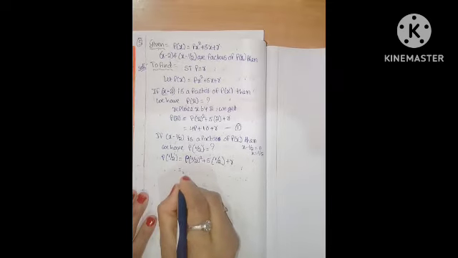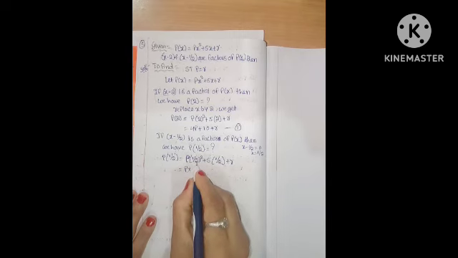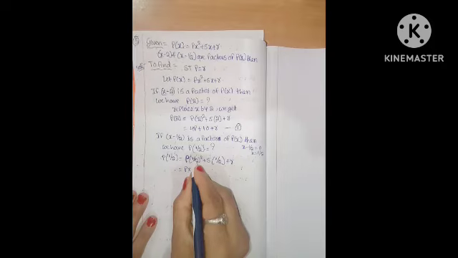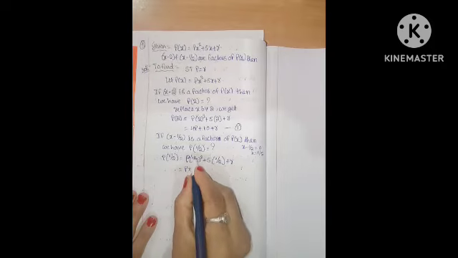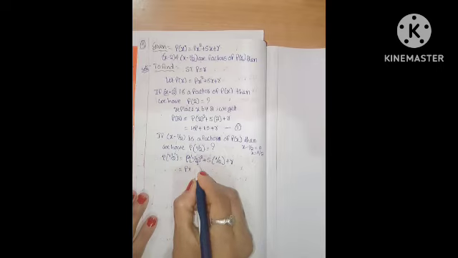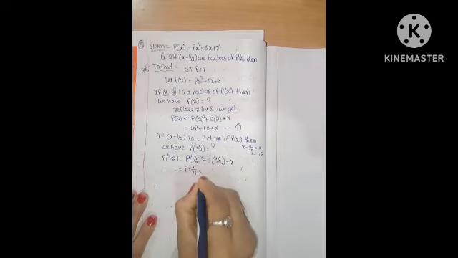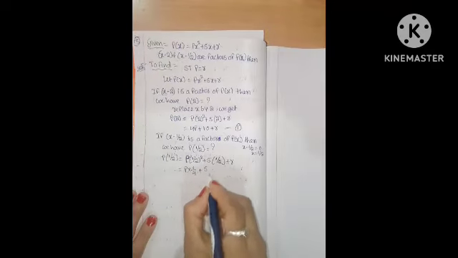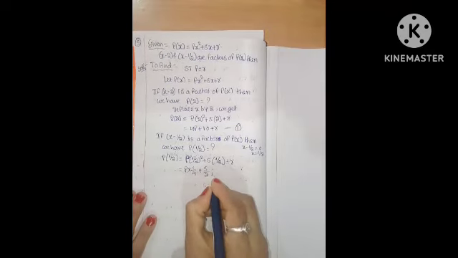Removing the brackets, P into 1 by 2 whole square. It is a by b whole square, a to the power of m by b to the power of m. So here it is 1 square by 2 square, so 1 by 4. Are you clear? Next, 5 into 1 by 2 is 5 by 2, plus r.